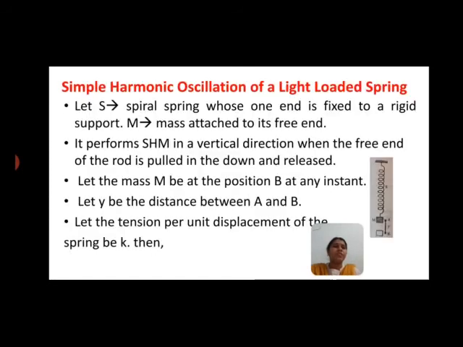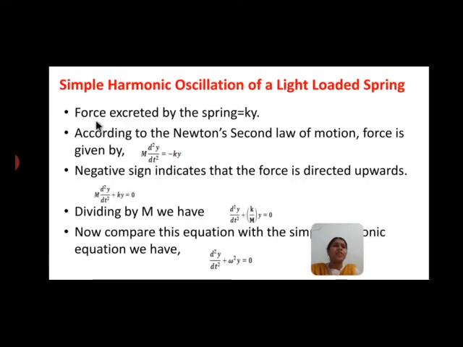Now we write m d square y by dt square is equal to minus k into y, because this is the force. The negative sign indicates that the force is directed upward. Bringing this term to the other side, m d square y by dt square plus ky is equal to 0.